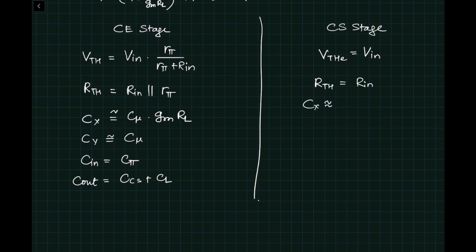CX will be equal to CGD, due to the Miller effect with gmRL, and CY is equal to CGD, a small number. Cin is equal to CGS, and Cout is equal to the drain to bulk capacitance plus CL.